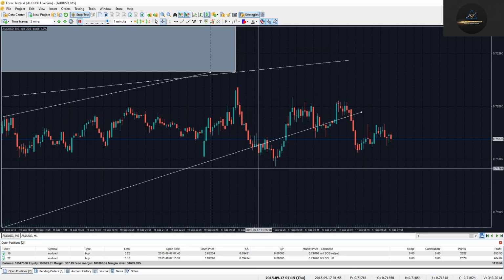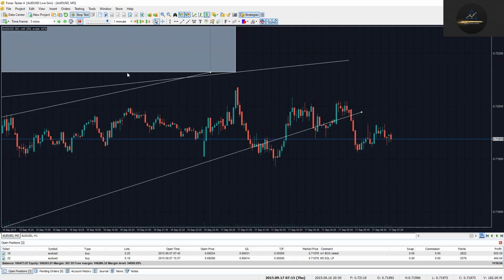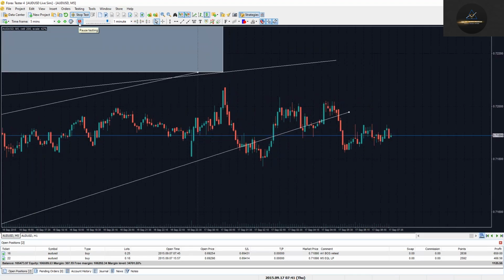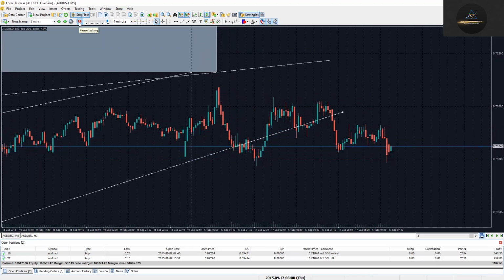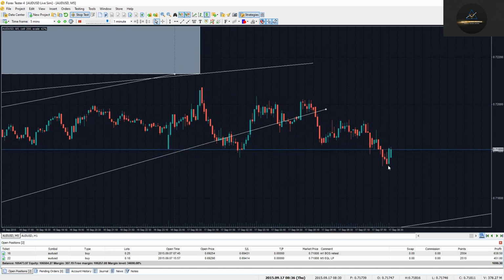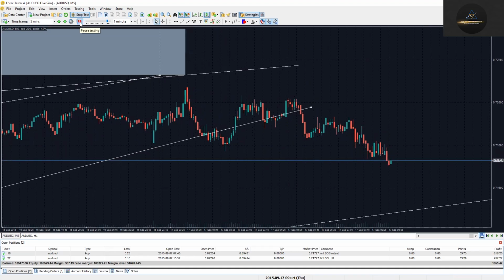This is the time when you don't want to be involved. It's just no man's land, because there's going to be manipulation, a spike somewhere. So you got accumulation, you have the manipulation, and then bam, you'll probably have the expansion because price has now gone lower.